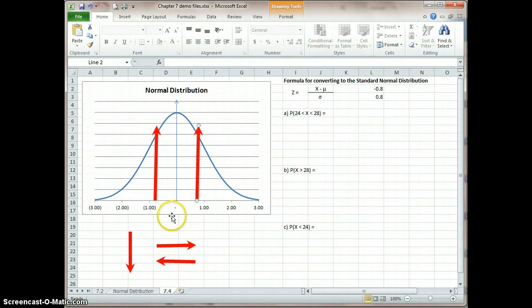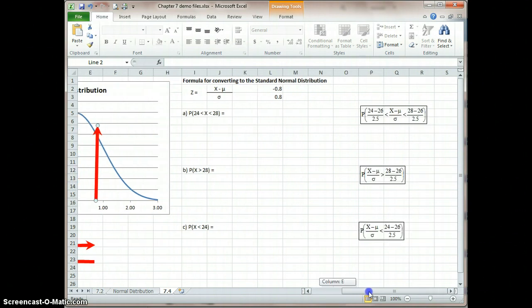I could put in 0.8, but I think you get the idea. We're calculating the area between plus 0.8 and minus 0.8 standard deviations. If I scroll over here, you can see that calculation right here. We've sort of done that already.